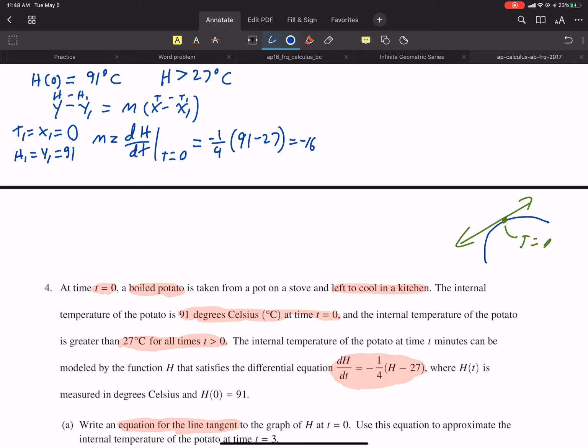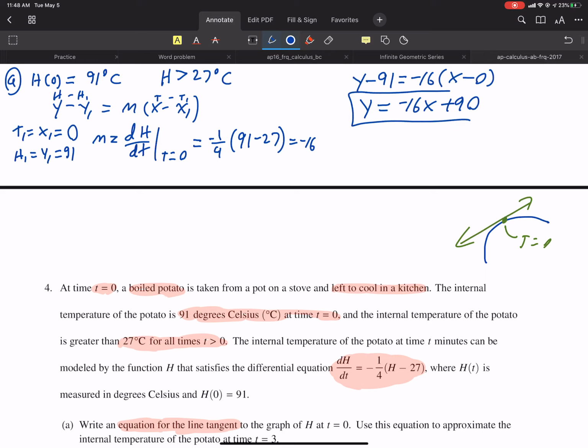So I will explain. So now we have, this is part A, by the way. We have everything we need for our equation of our tangent line. And so if I solve for y, that's my equation, my tangent line. That's the first part.